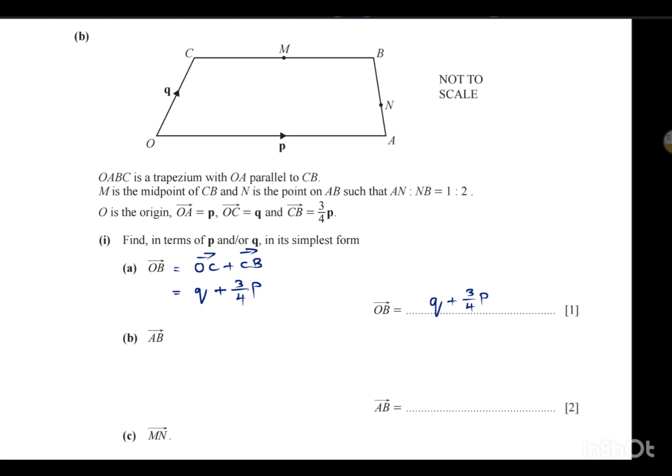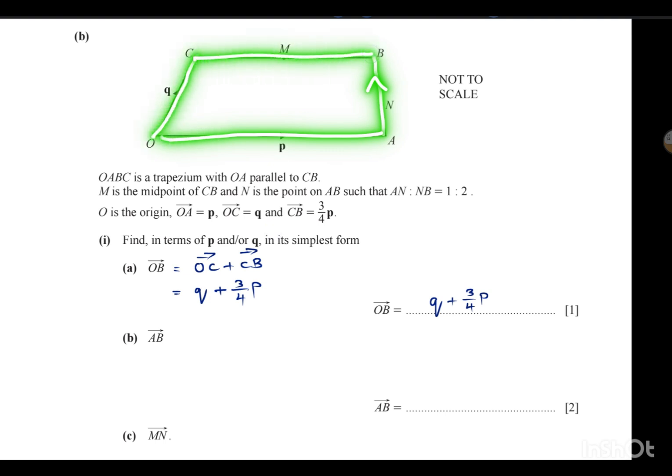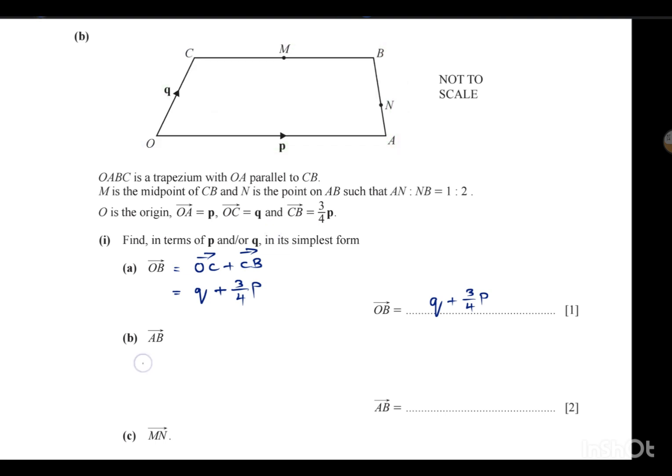Question B, AB. Now AB is this, from A to B, the vector. So it has to be AO plus OC plus CB.